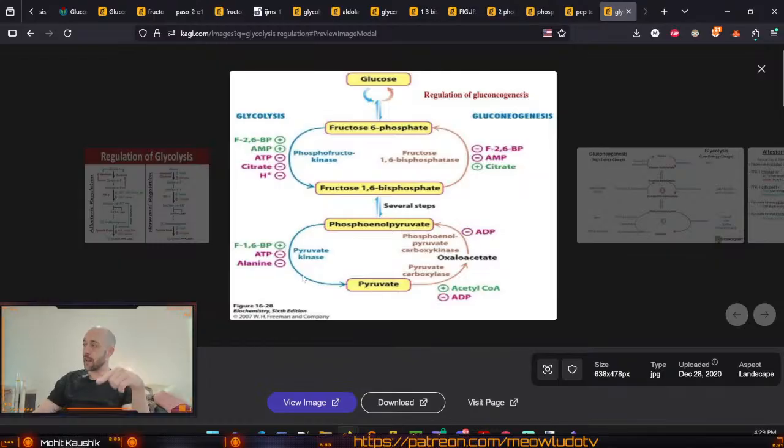It's regulated the same way. So if there's an excess of energy in the cell, it doesn't complete that final step. It's not upregulated by AMP though, but it is upregulated by fructose 1,6-bisphosphate. So the product of this upregulates this.